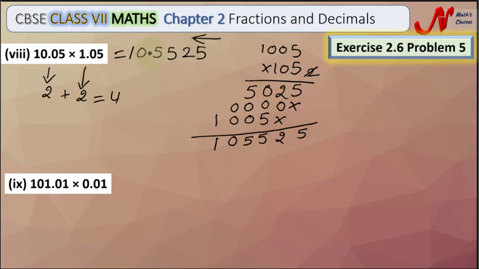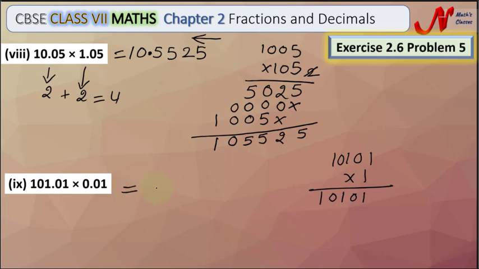Next we find 101.01 into 0.01. To find this one we multiply 10101 with 1. So we get 1 into 0 is 0, 1 into 1 is 1.